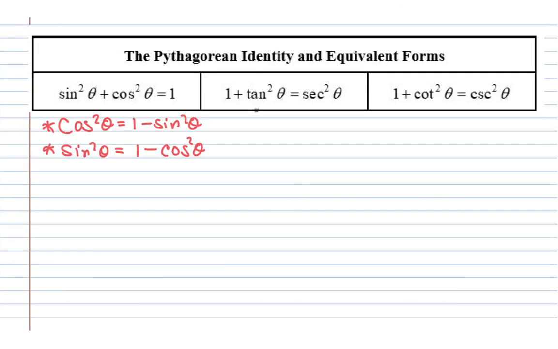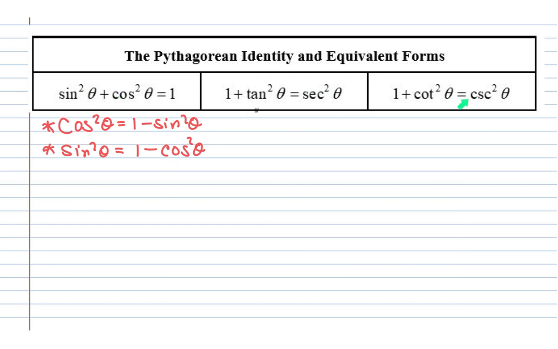These Pythagorean identities, you don't have to memorize, but I want you to understand that these are interchangeable. So I could rewrite sine squared theta plus cosine squared theta equals 1 as cosine squared theta equals 1 minus sine squared theta, just by subtracting the sine over. And the same thing, I can write it as sine squared equals 1 minus cosine squared by subtracting the cosine on the other side.